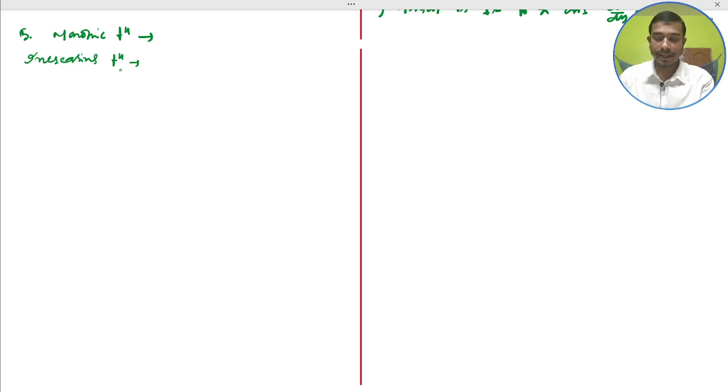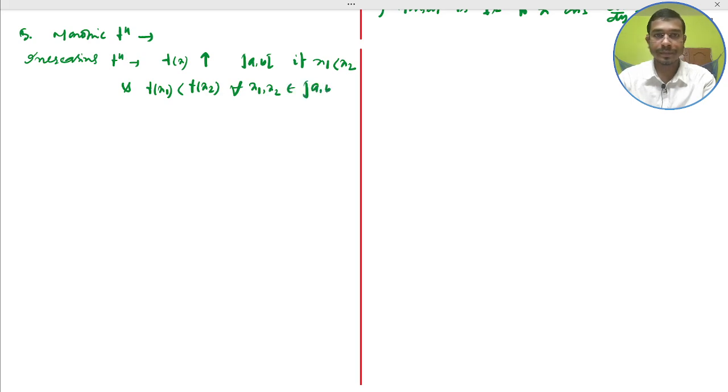Increasing function means a function f(x), as we already discussed, is said to be an increasing function in the interval (a, b) if x1 less than x2 and f(x1) less than f(x2) for all x1, x2 belonging to (a, b). This is the definition of an increasing function.